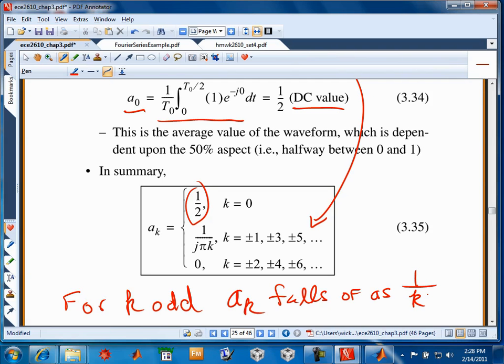So they fall off inversely proportional to the harmonic number. The first is the strongest, the third is at 1/3 relative to the first, the fifth is at 1/5, and so on. So they're dying out in the waveform.